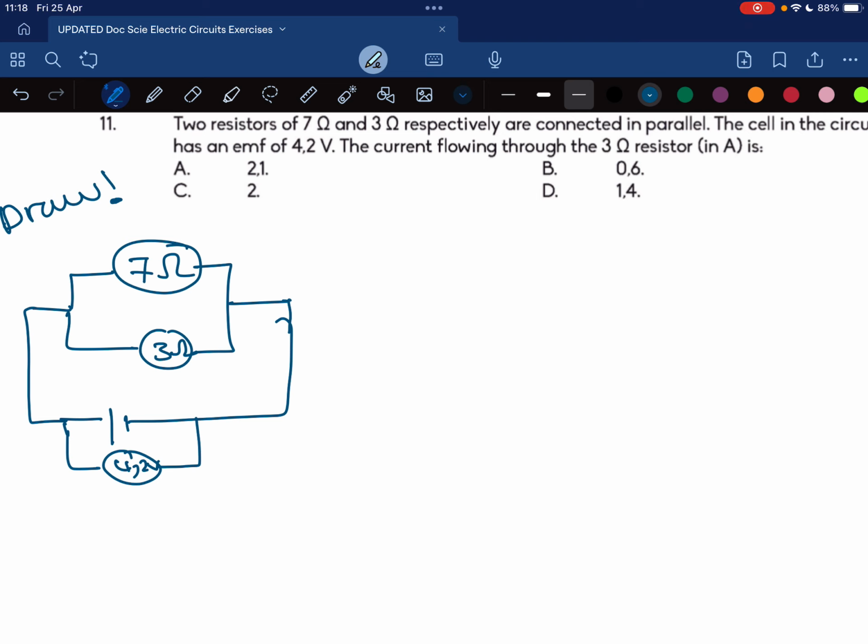Okay, so let's think. Well, if the voltage is 4.2 volts and there's no other resistors, then we know the voltage through this is going to be the same, 4.2 volts.